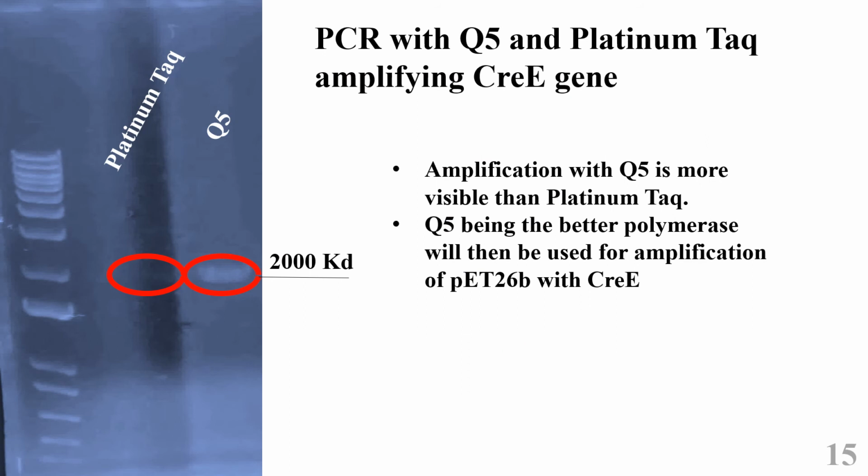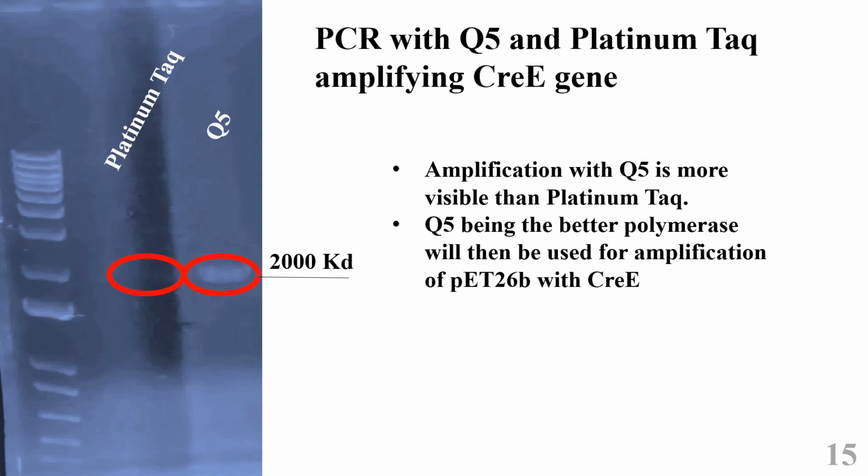With the successful amplification of CreE using GoTaq and DMSO, we then tried using Fusion, a high-fidelity polymerase, with the addition of DMSO. Using Fusion with DMSO did not give us our amplified gene segment, so we thought to order different sets of polymerases to see if they could amplify our gene. The polymerases ordered were Q5 and Platinum Taq.